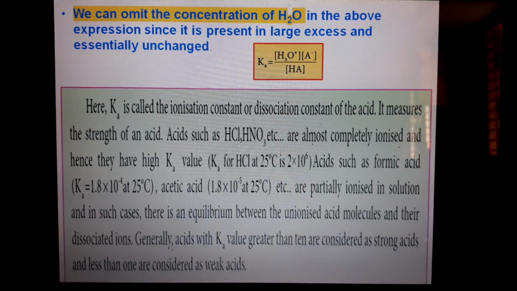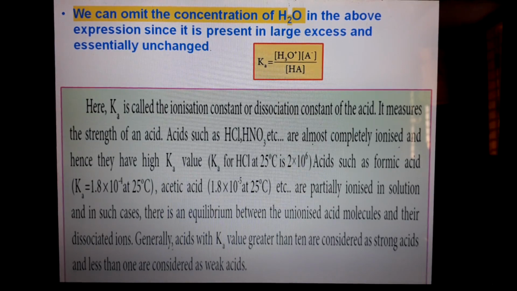They are partially ionized in solution. In these cases, an equilibrium occurs. We maintain the equilibrium between unionized molecules and dissociated ions.